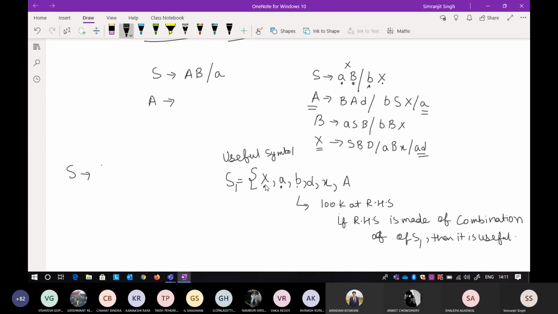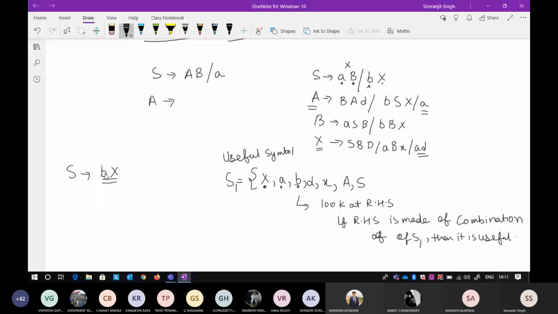Now B and X. If you see, this is a combination of this thing: B from here, X from here. Because this is deriving a useful symbol, you have to include S also in the set.